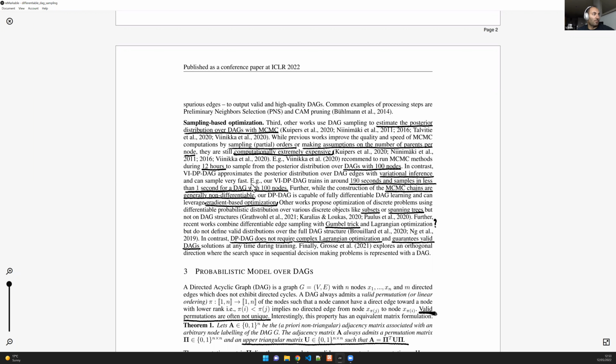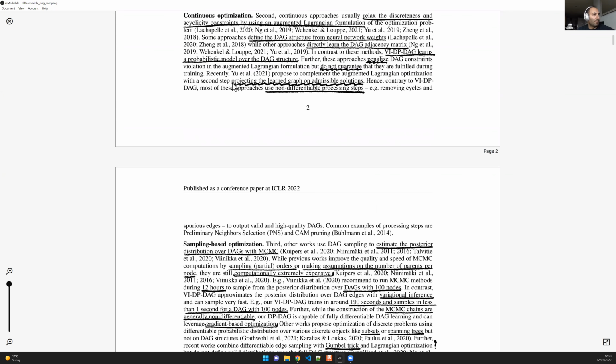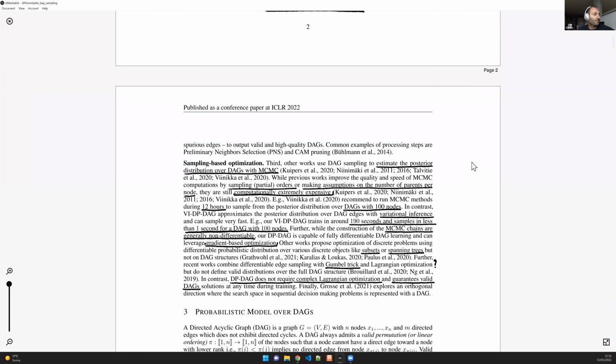However, in this paper, we managed to solve the problem much faster, in about 3 minutes, by formulating it as a variational inference problem. Okay, and we do the sampling more efficiently, but we'll go to it later. So these are the 3 related work areas.